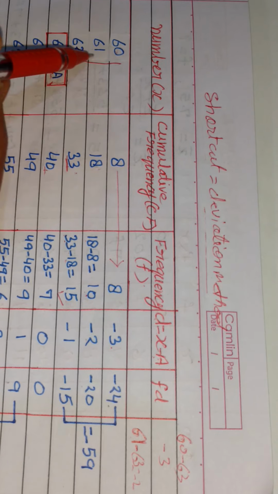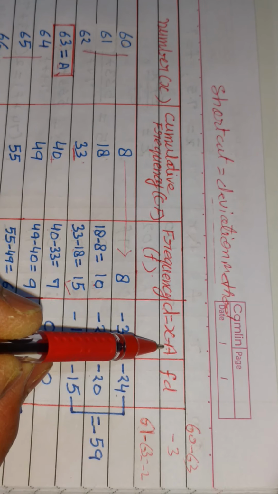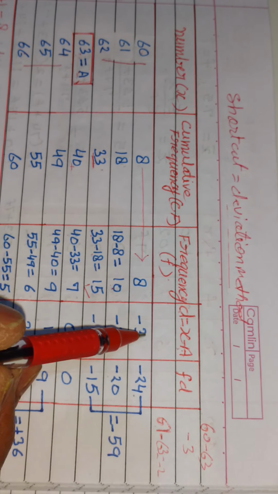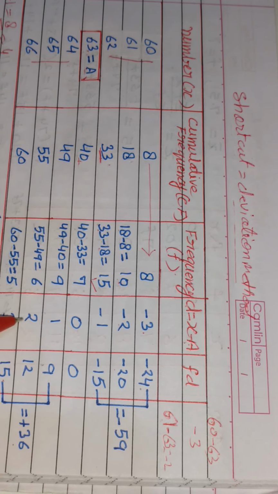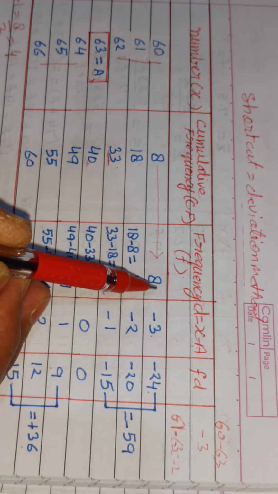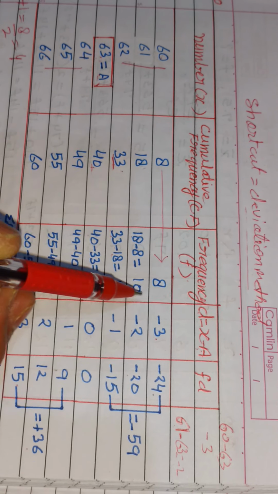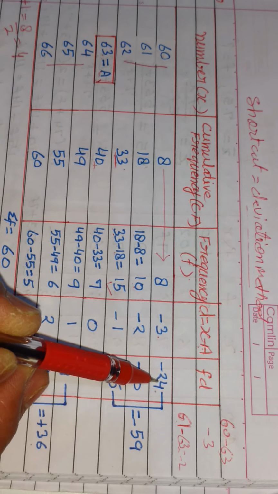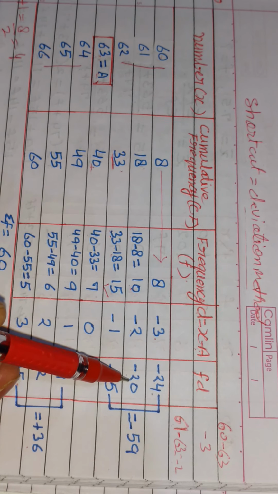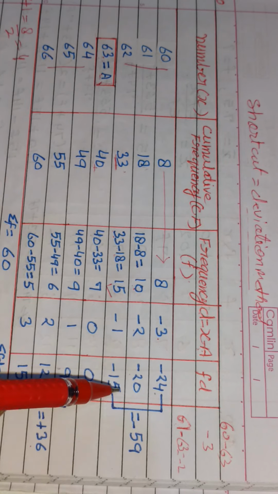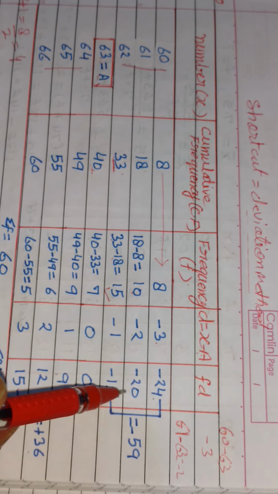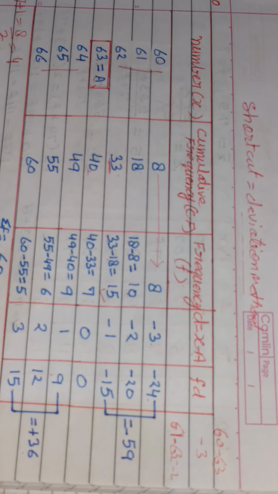Similarly, when you put these values of x one by one here, we will form the table for d like this. Then after that we multiply f and d. This is d. So 8 into minus 3 is minus 24, 10 into minus 2 is minus 20, and this way after multiplication we will get these values.